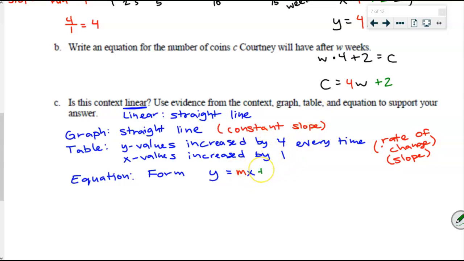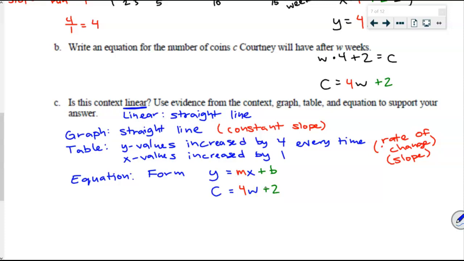And it's okay if they also have an extra number added on at the end, a different starting place than the origin. So, is this equation in that same format? Maybe we're using c instead of y, but I have c is equal to some number times another variable plus wherever I started. So is it in that correct format for a linear equation?